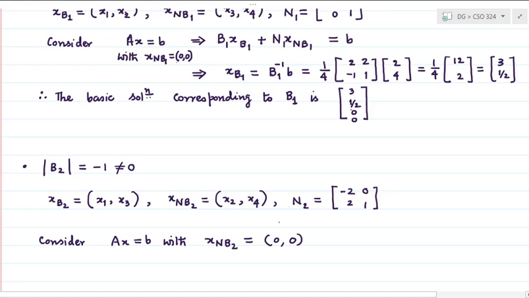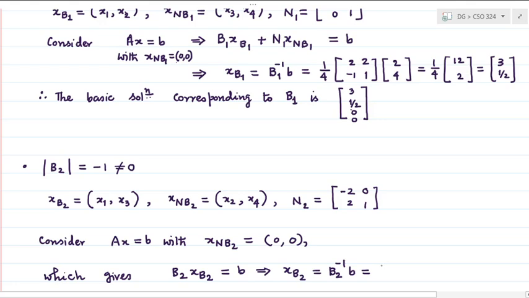So you are setting x2 and x4 to 0, and then this Ax equals b gives us B2 xB2 is equal to b, or it gives us xB2 is equal to B2 inverse into b.